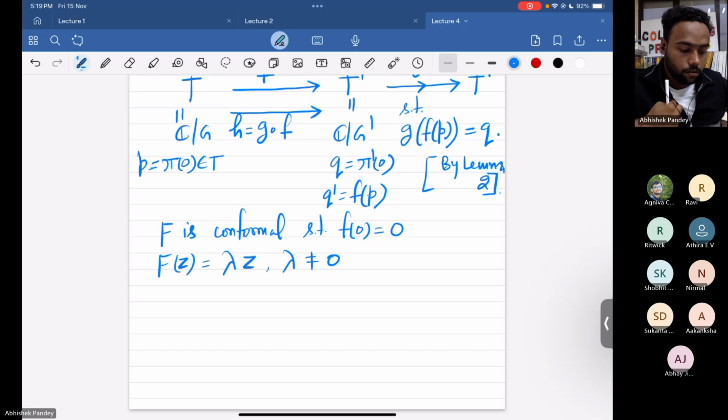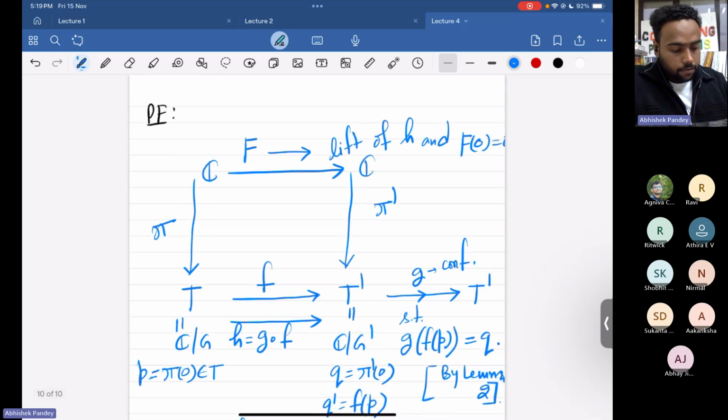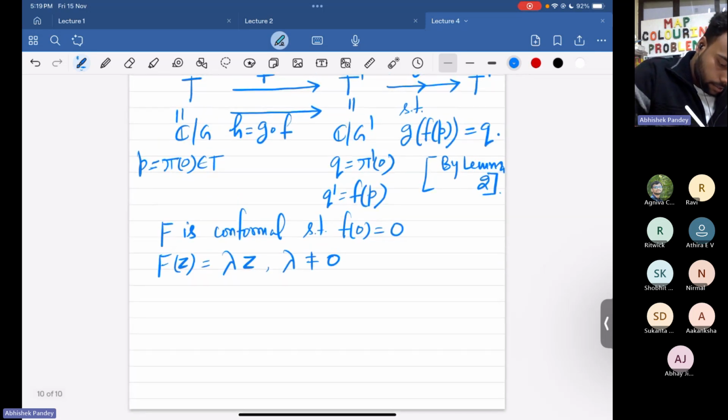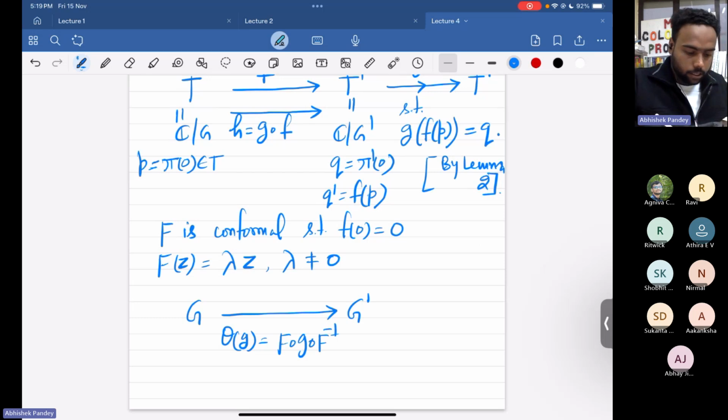Okay. Now we have seen that this F will again induce a group isomorphism between G and G dash. That is theta of G, which will be F composed with G composed with F inverse. And basically, what is G?